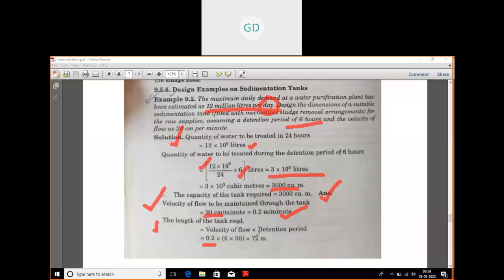The length unit is meter, so the velocity unit meter per minute, multiplied by minutes, cancels and gives meter. That is how you need to look at the units. So we convert 6 hours to minutes, 6 multiplied by 60, and we get 72 meter. The length we got is 72 meter.